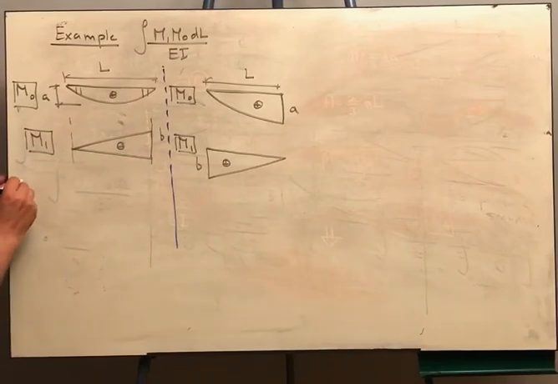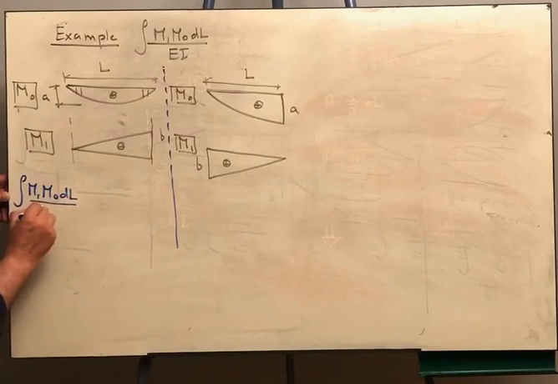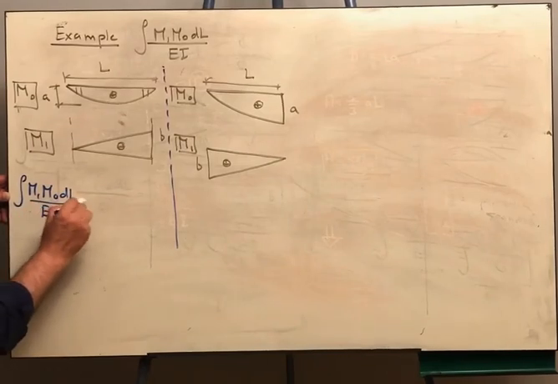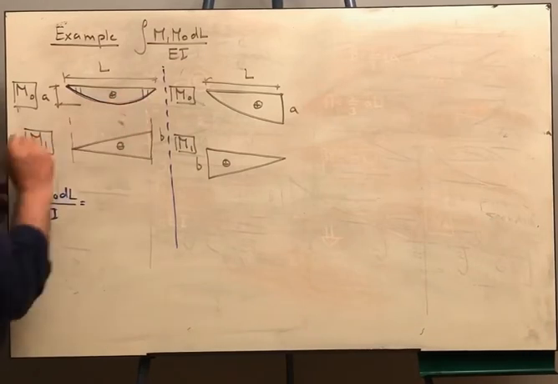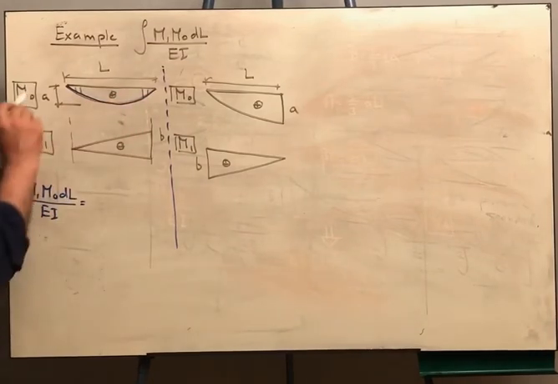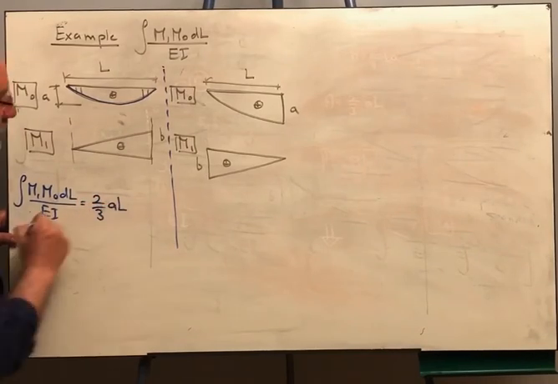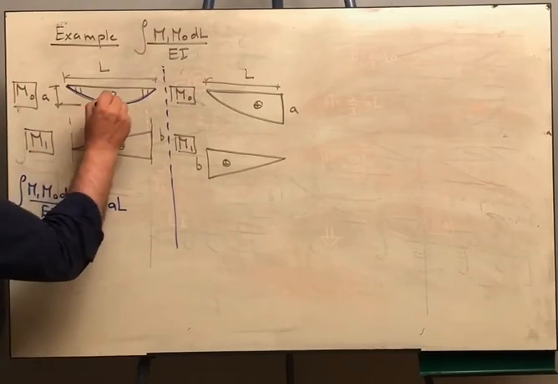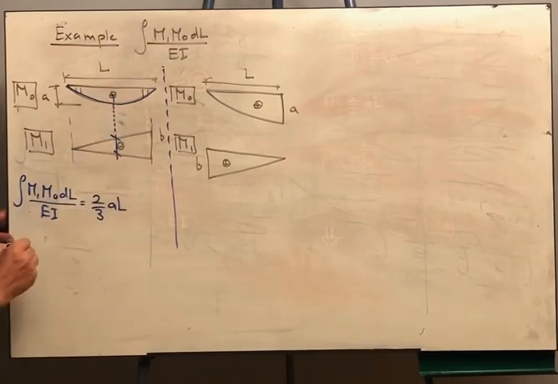Here I would say integral M1 M naught dl over EI equals. As long as this is of the second degree, I will start by the area of this diagram, which is 2/3 base times height, 2/3 A times L. And then the centroid is in the middle. So I am going to get the corresponding ordinate for the other diagram.